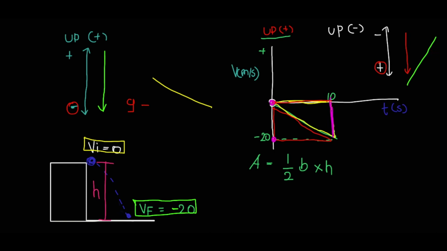So you will have something like this one. Remember this is your initial velocity, so you will have something like this, and then here will be the final velocity when it hits the ground, and then here will be time.